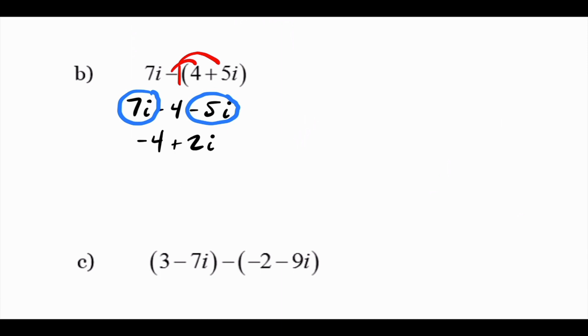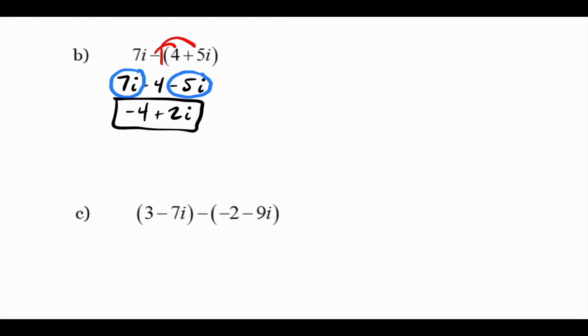Remember, the i has to come second. It's a second-class citizen. It's got to come second. Don't feel like you're discriminating against the imaginary. It's what we do. It doesn't exist. It's not real. So it has to come second. Don't feel bad for it because that's just what we do. Okay? All right, do C.